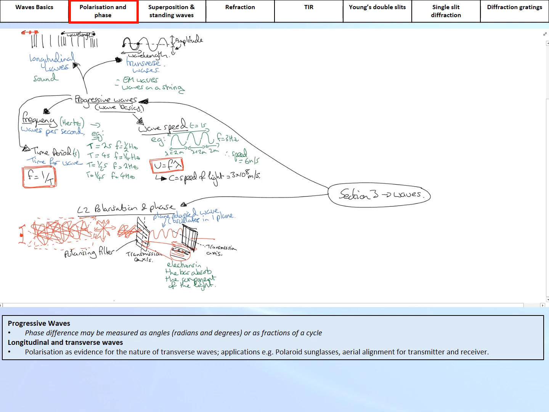If you have one polarizer, you absorb all but one particular component of the light. And if you cross them over, you get nothing out at all. Now you could rotate those polarizers and you would absorb different bits.